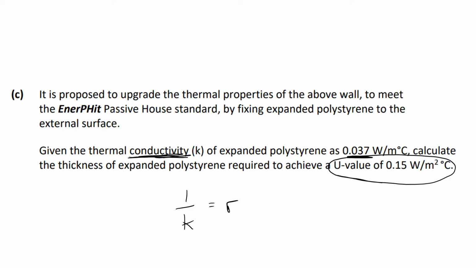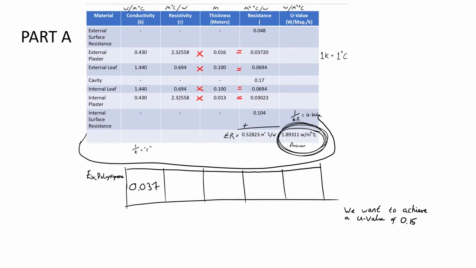So the easiest thing to do would be to include from part A your answer, your initial U value, which was 1.89311.